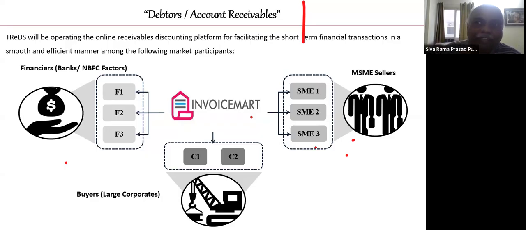This is there in India, particularly for MSMEs. MSME sellers, particularly MSME corporates, and buyers, and the financiers, banks, will purchase the trades also.